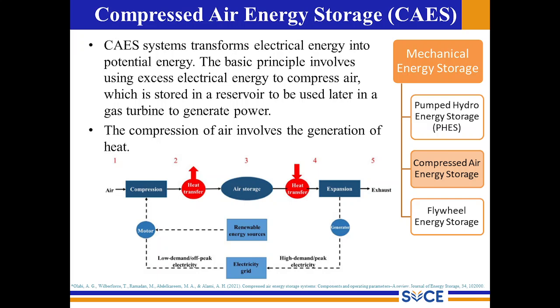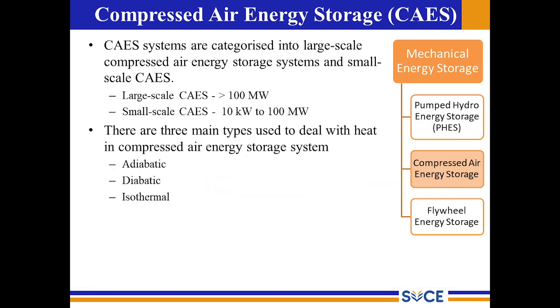Now when energy is required, this compressed air can be sent through a turbine generator system and expanded, and this gives out the stored energy. Depending on the management of the heat which is produced, we have three systems: adiabatic, diabatic, and isothermal. These systems are overall again classified as large scale CAES or small scale CAES.